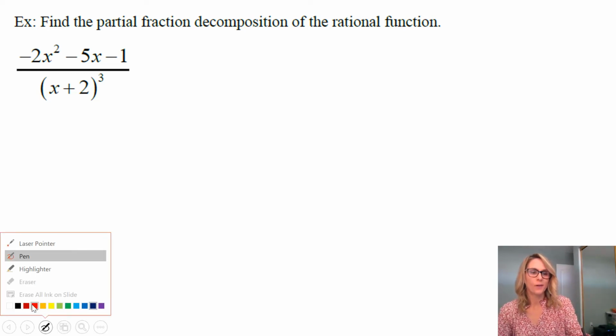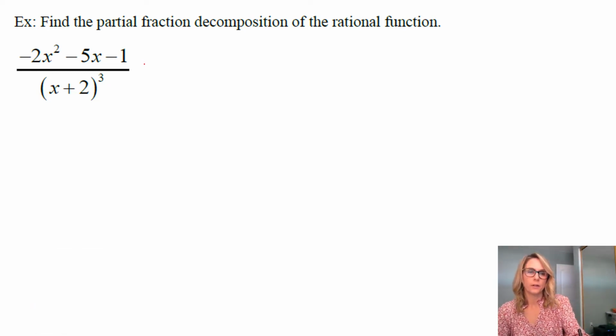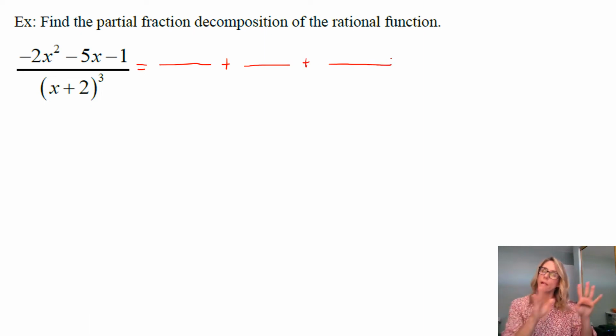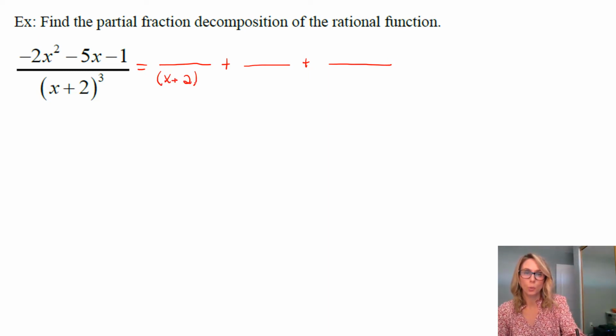Okay, so the idea here is, in order to find the partial fraction decomposition of this, we will have 3 fractions that will be added together. But based on that text box that we saw with case 2, our first denominator needs to be x plus 2. Our second denominator is not an x plus 2, it's an x plus 2 squared. And our third denominator is an x plus 2 cubed.